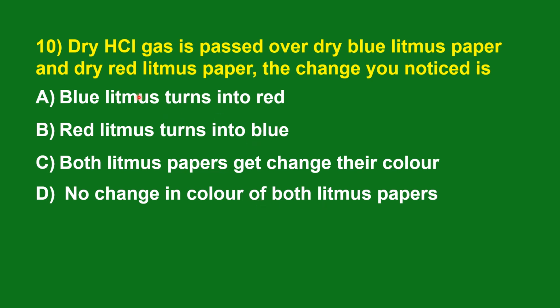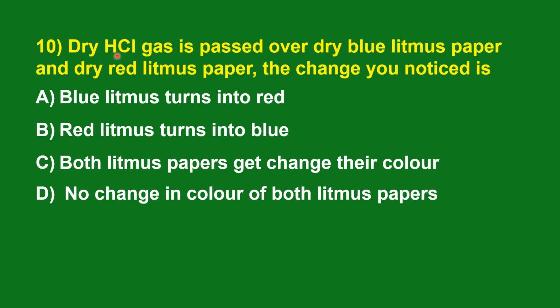Dear students, in the absence of water, that means dry, hydrochloric acid does not produce H plus ions or hydronium ions. So if there is no hydronium ion, this HCl does not show the acidic property. That means in the absence of water, HCl doesn't show its acidic nature.